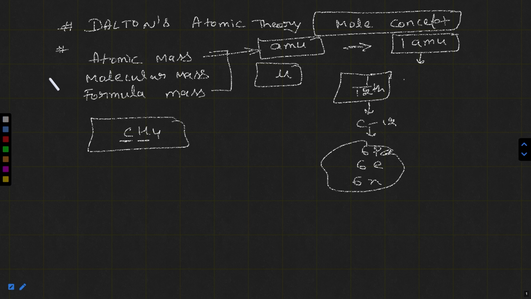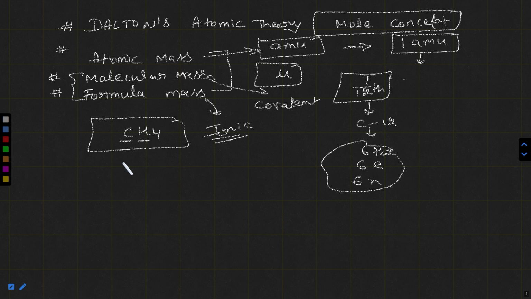Similarly, formula unit mass, or simply formula mass. The calculation of formula unit mass is similar to molecular mass, but molecular mass is used for molecules which are covalent in nature, and formula unit mass is for ionic compounds.